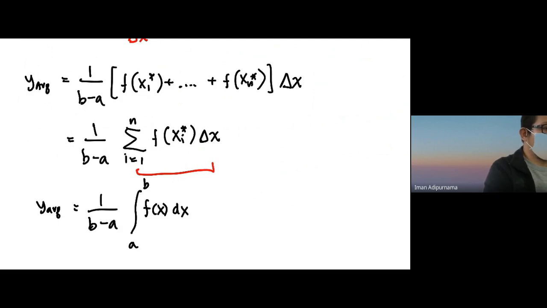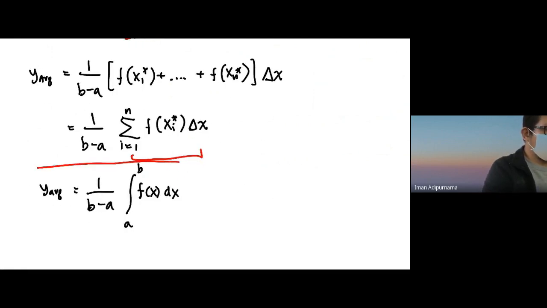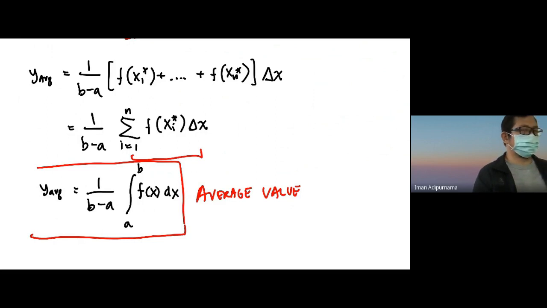So this is our definition of the average value. It's not really complex. What you need to do is just have this b minus a in front of the integral.